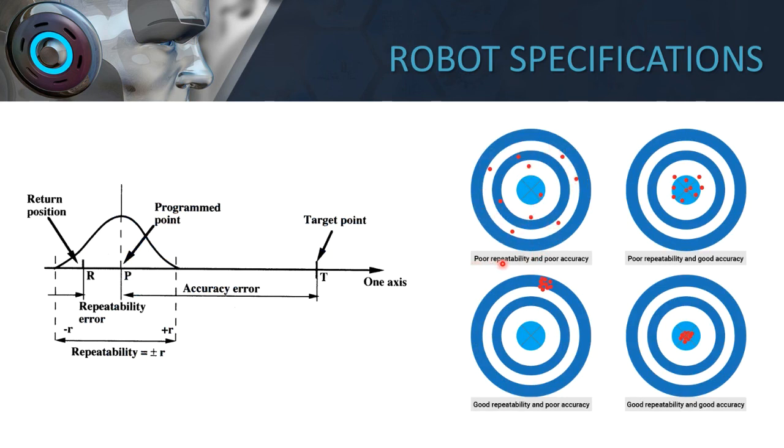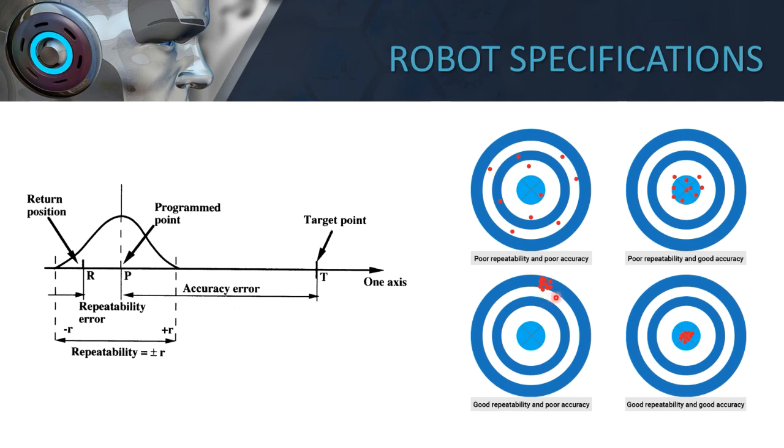The second one has poor repeatability but good accuracy. It is reaching near the target, but around it, not the same point again and again, so repeatability is poor, but accuracy is good because it is reaching near the target.